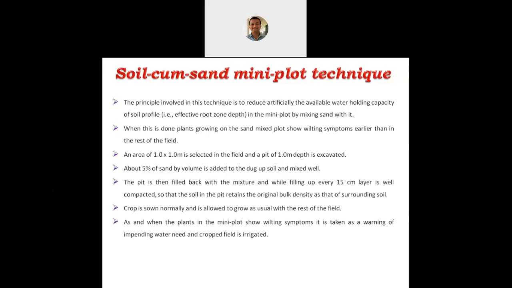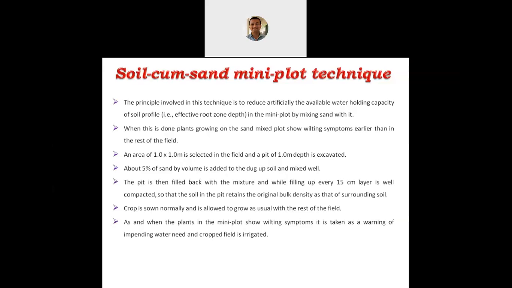That means sand has more macropores, and macropores conduct water more readily as compared to micropores. So if a soil has more sand, it will tend to drain the water out of the soil quickly as compared to your actual field.